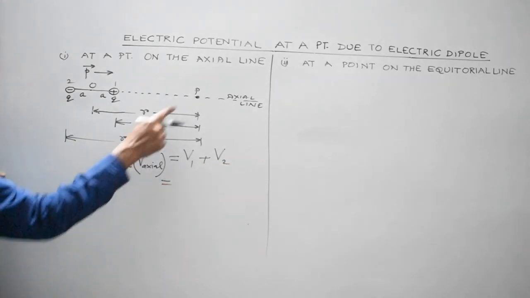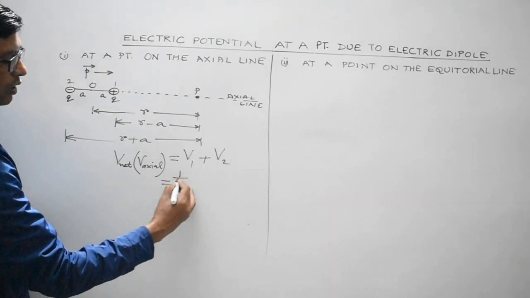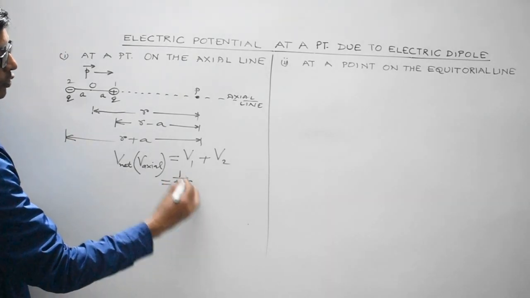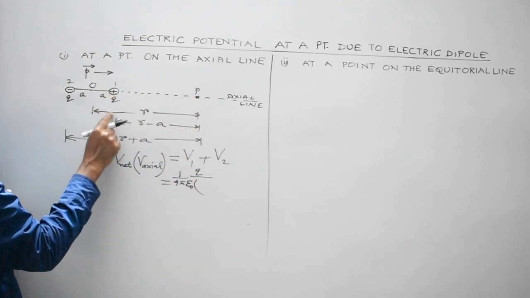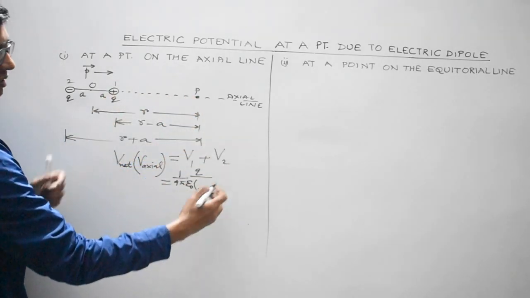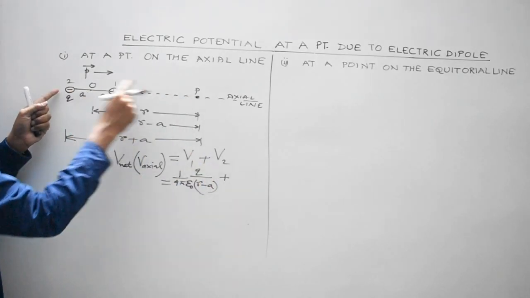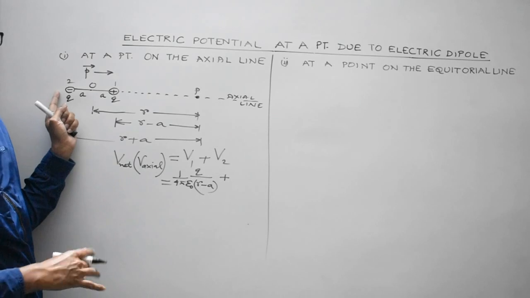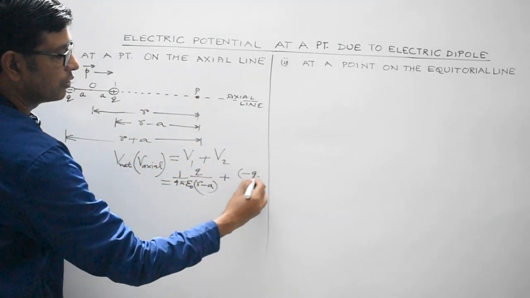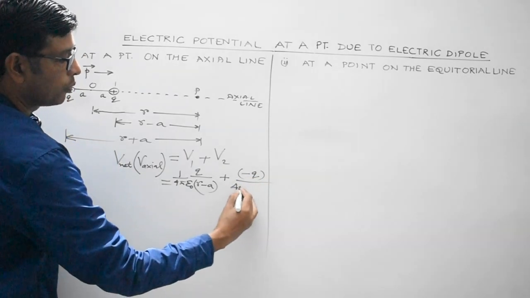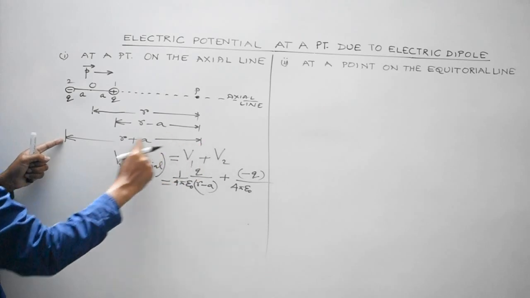Due to the first charge, the formula is kq by r, where k is 1 over 4 pi epsilon, charge is q, and the distance from point P is r minus a. Potential at point P due to the negative charge: it's a scalar, so we write minus q over 4 pi epsilon, and its distance is r plus a.